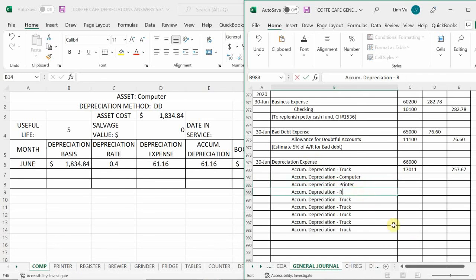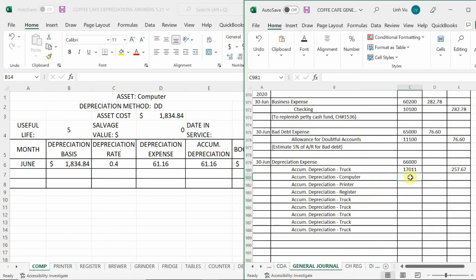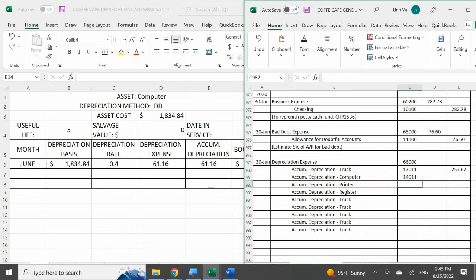And we have the register. Okay, so therefore, 14,011, 14,021, and 14,051.